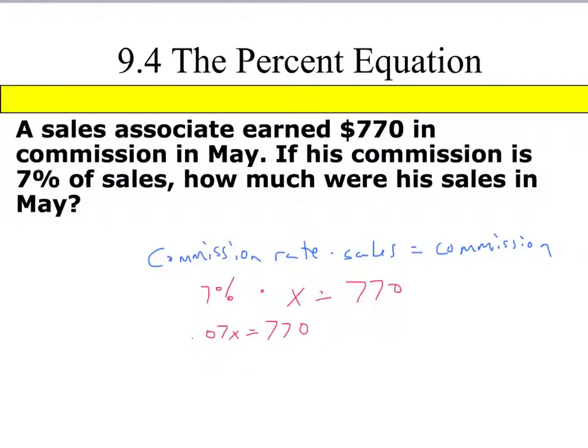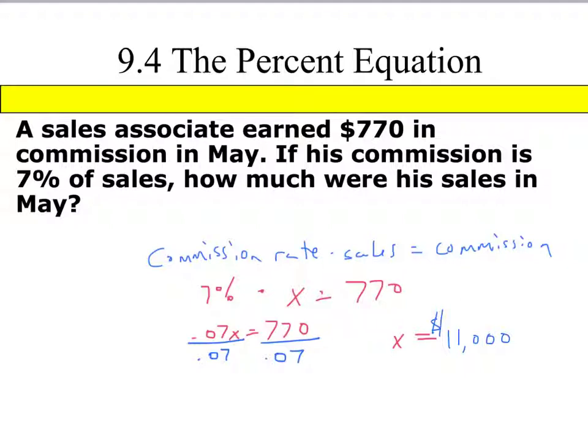This is a one-step equation. I'm going to divide by that 7%, or that 0.07, and I am going to get X is equal to $11,000. Okay, remember, sales are in dollars, so make sure you have your dollar sign there. So again, we just worked backwards. We knew what our commission rate was.